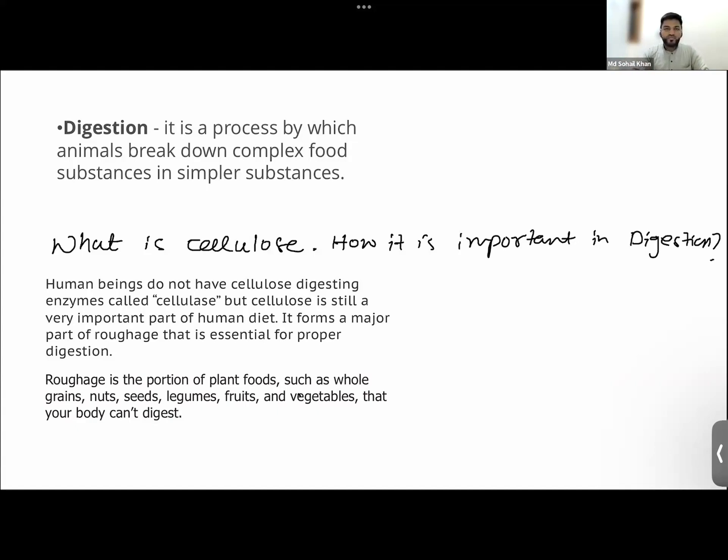Now, you see the plant-based foods which we consume. Is it easy to digest plant-based foods, or is it easy to digest animal-based food? Which one is more easier? Plant. Look, plant food consists of a fiber called roughage, and it also consists of cellulose.